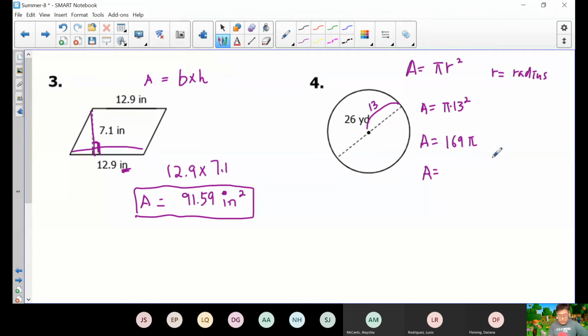Let me see, 169 times pi. Boom. Answer is 530.93. Now unit. Unit is yard, right? Yard square. Okay. This is the formula. This is the answer.